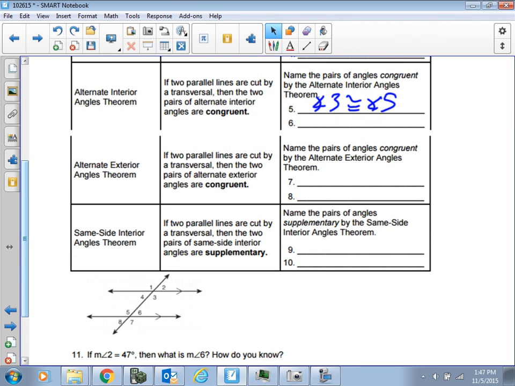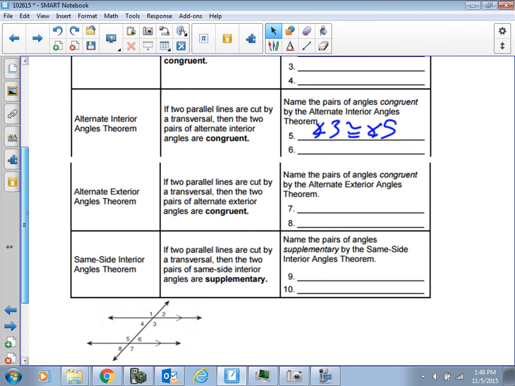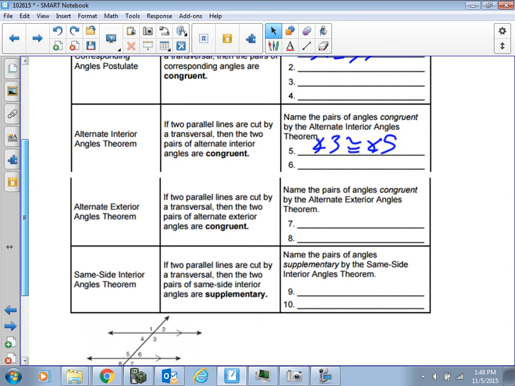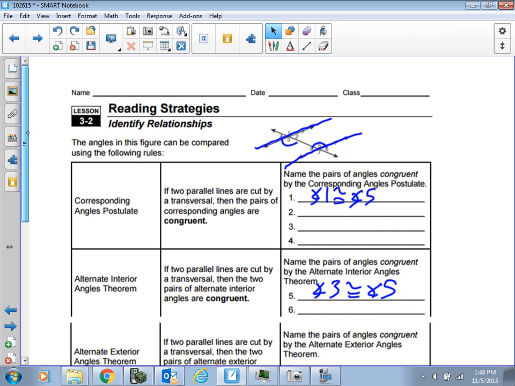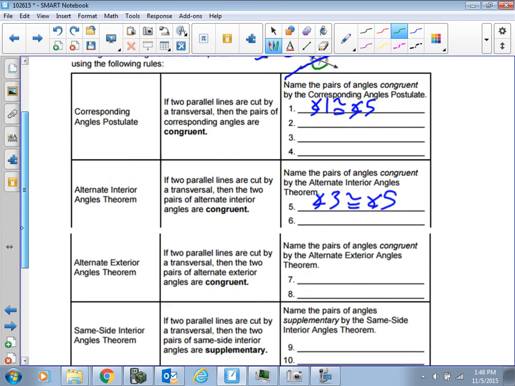Alternate exterior, you should be able to do those. Those are on the outside. So if you have 1, that's on the outside of the parallel lines. Then on the opposite side, on the outside, is 7. That's another one. So angle 1 and angle 7.